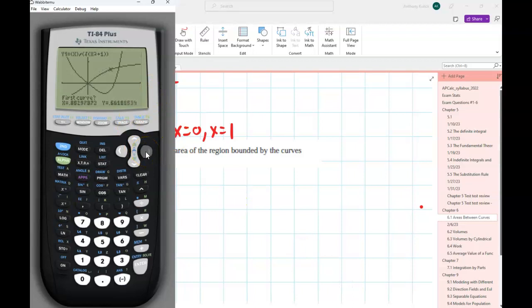I'm going to be a little bit careful since there's more than one intersection. First curve, second curve, and then I'm going to move real close right on top of it, do my guess, just so it doesn't accidentally find 0 and I have to redo it. So I got about 1.181.